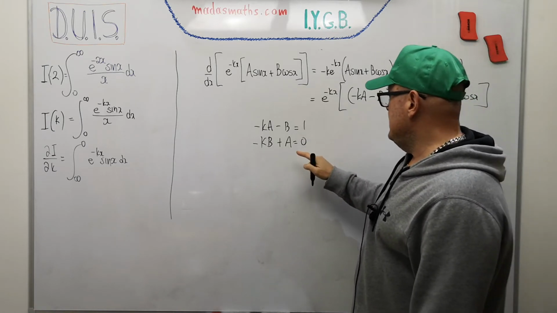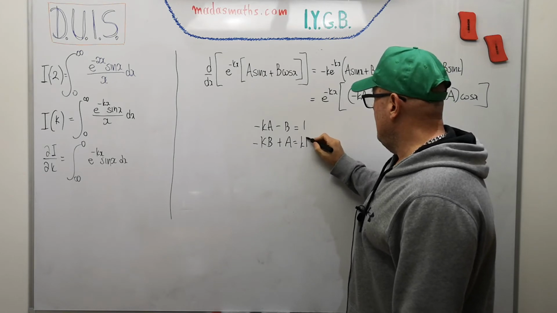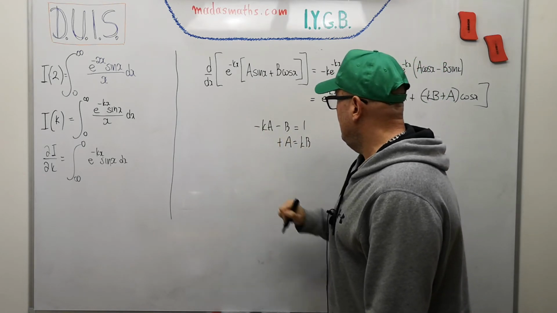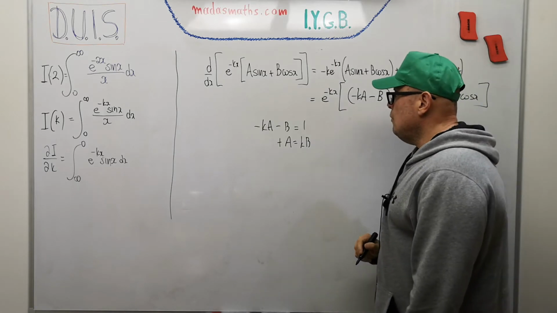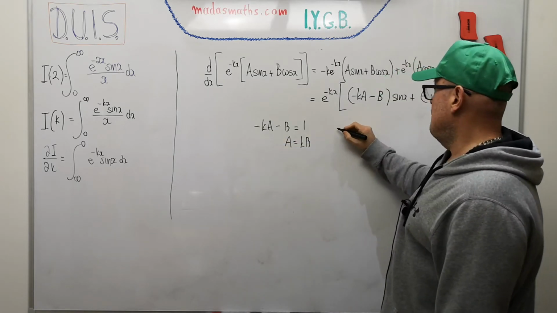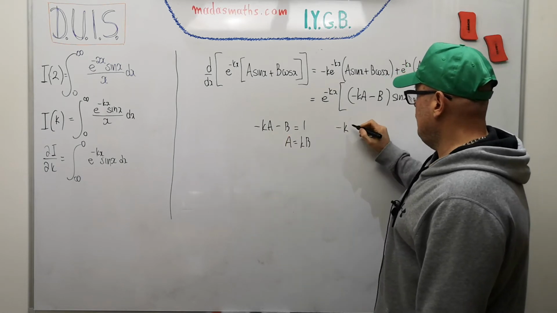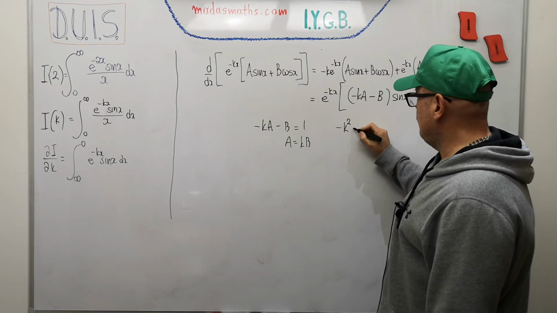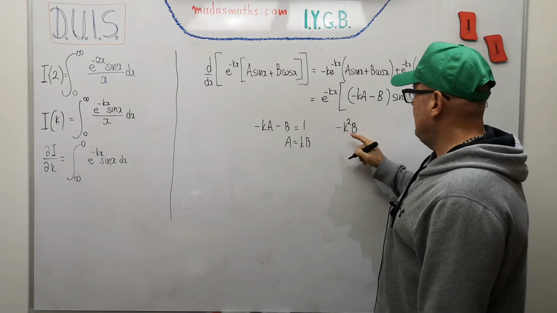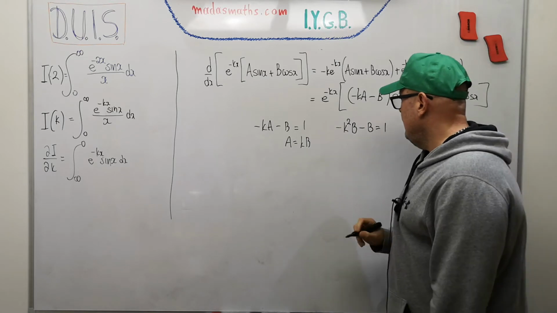Probably I will rearrange this equation. So a is equal to kb, and then substitute it into the other one. So if a is equal to kb, then minus k times kb, so k squared b, minus b is equal to 1.